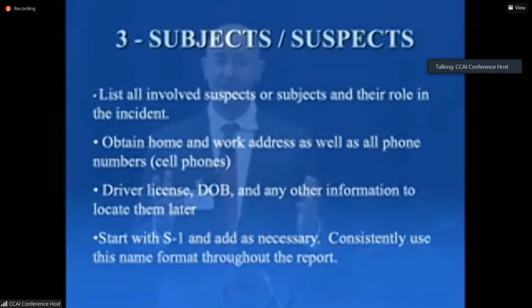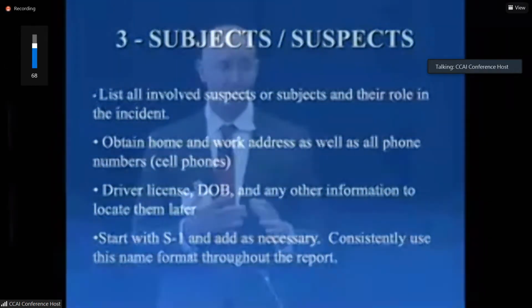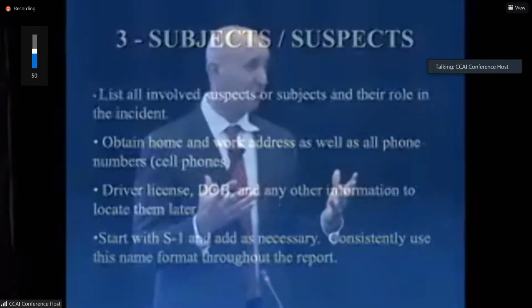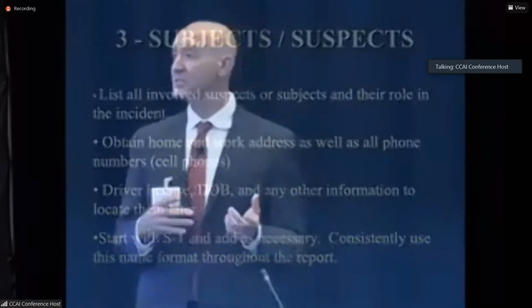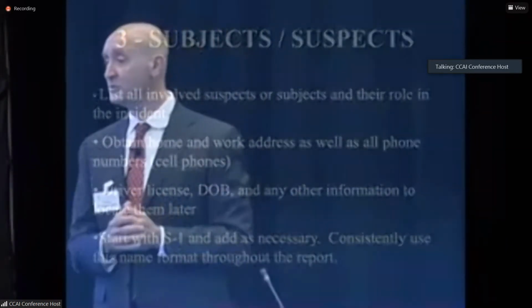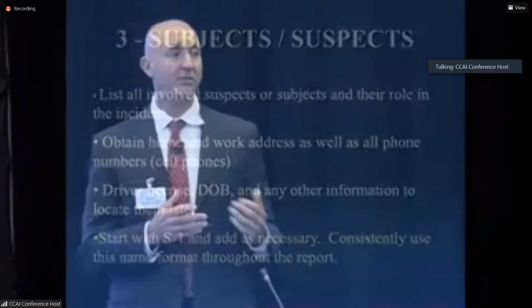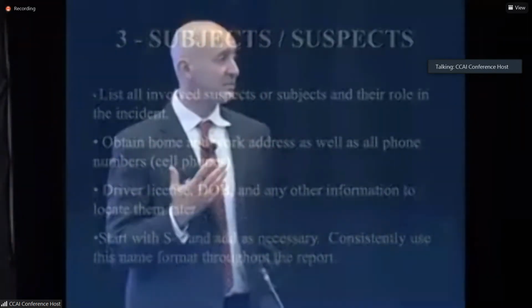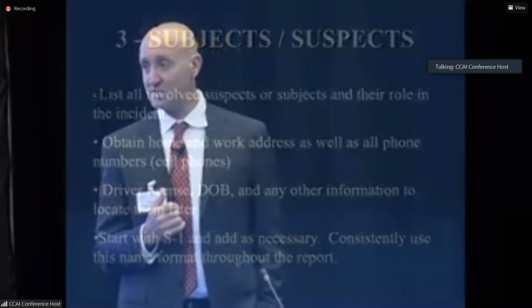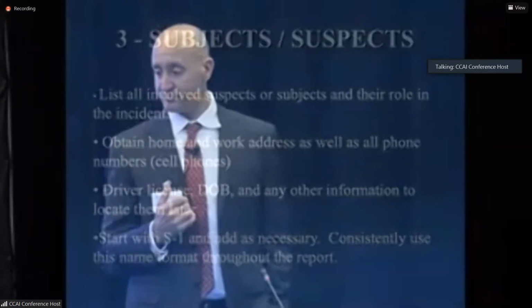So typically an address, if they're not transient, phone numbers. Typically now they're all cell phone numbers, but get all of the phone numbers. And remember, the more information the better, because sometimes these go to court 2-3 years later, and now you're trying to find witnesses or victims or whoever, and the more information you have, the more chance you are to get a hold of them.